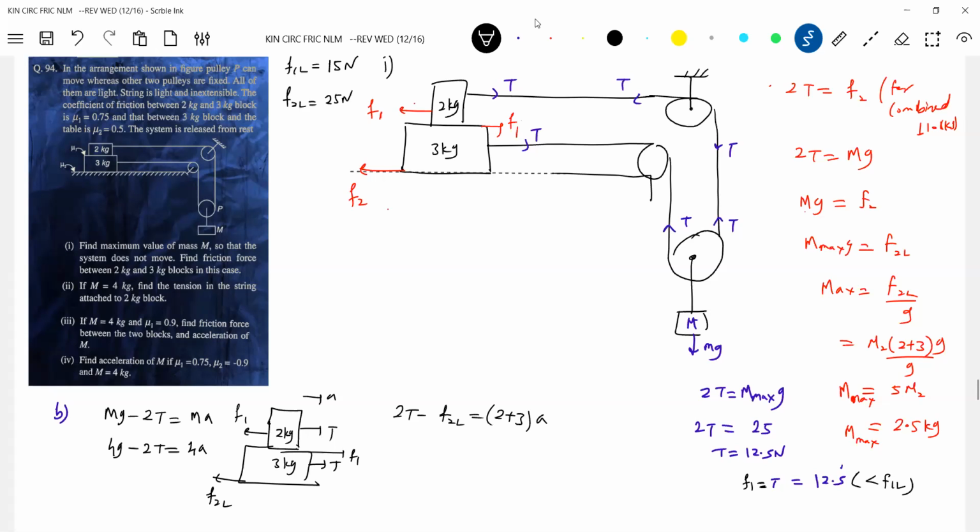Let me solve this and calculate the tension T and acceleration a. First, let me add these up.